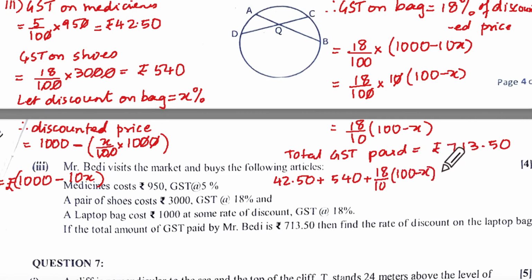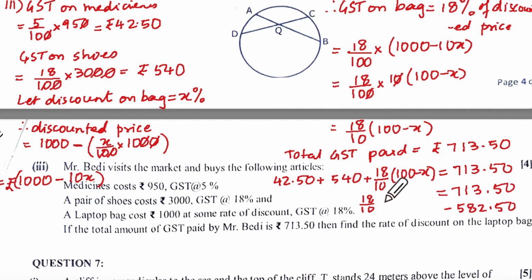Do not do anything to this, okay? Let us keep it this way only. Now if you add this, what do you get? 582 point, so 713.50 minus, I'm writing below this, 582.50, and this will remain 18 upon 10 into 100 minus x.